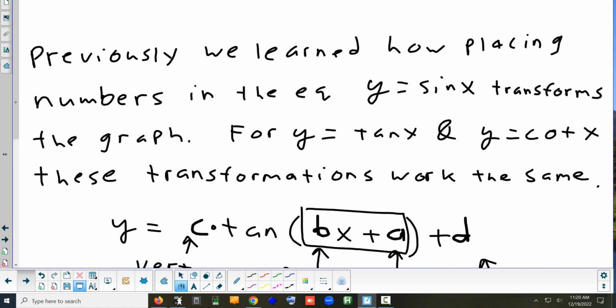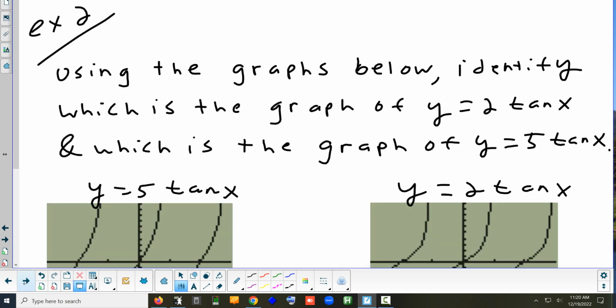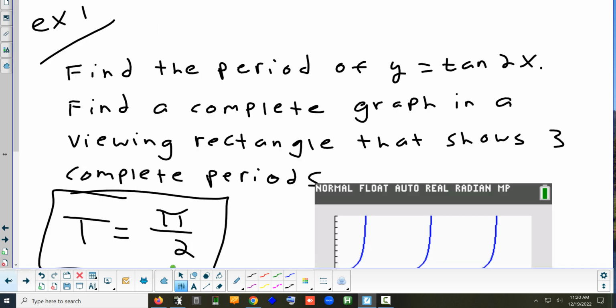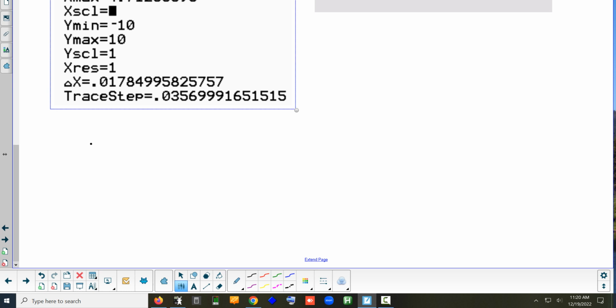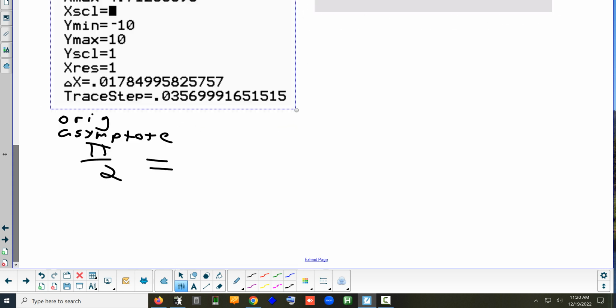So let's take pi over 2 and set that equal to the argument and solve. Okay, so pi over 2. That's the original asymptote. And what's the argument here? 2x. We're going to solve.